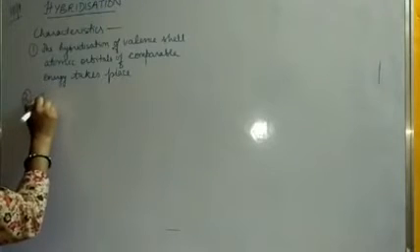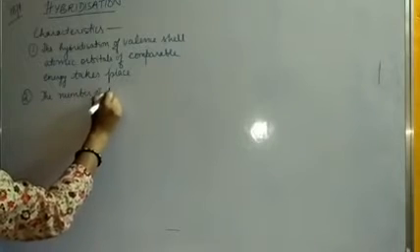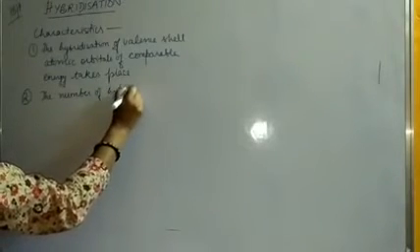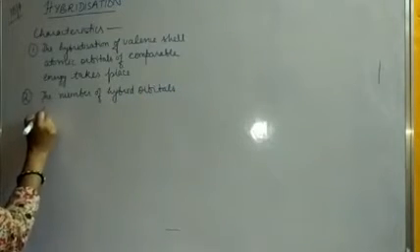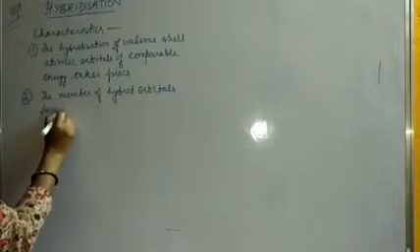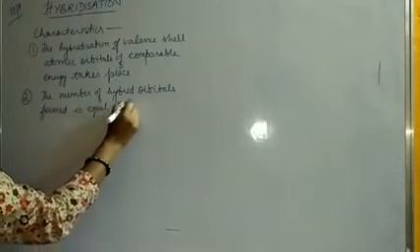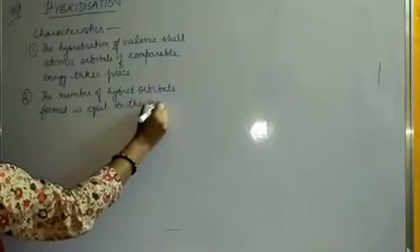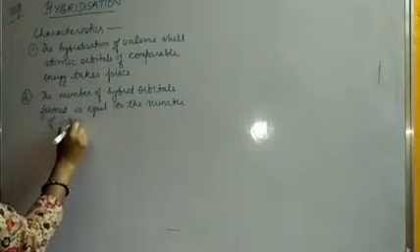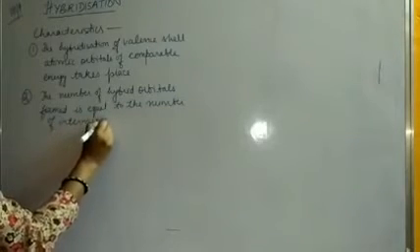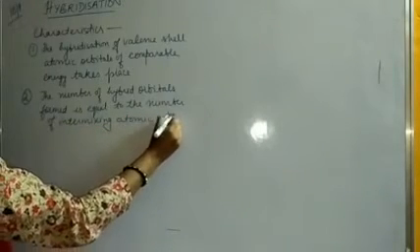Second is the number of hybrid orbitals formed is equal to the number of intermixing atomic orbitals.